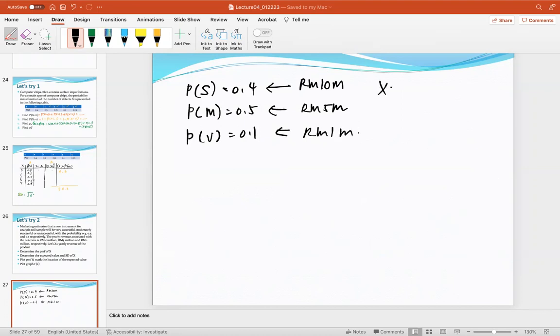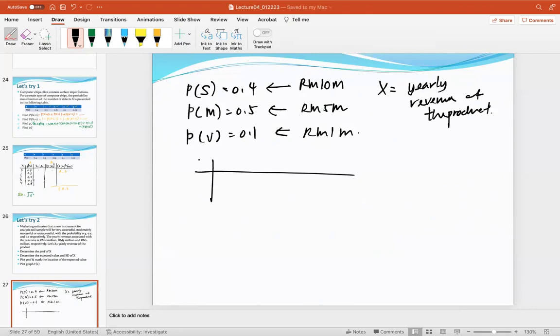Okay, let X equal the yearly revenue of the product. So I know that X is 1 million, 5 million, 10 million. Correct?